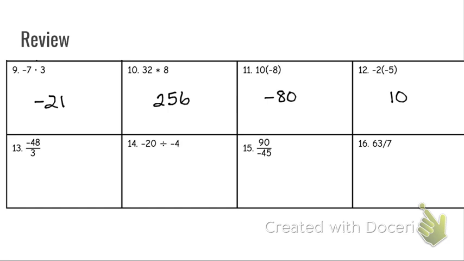And division we'll often see as a fraction. One negative sign means it's negative. Two negatives, it's positive. One negative, negative. The slash, another way to write a fraction, also means division.